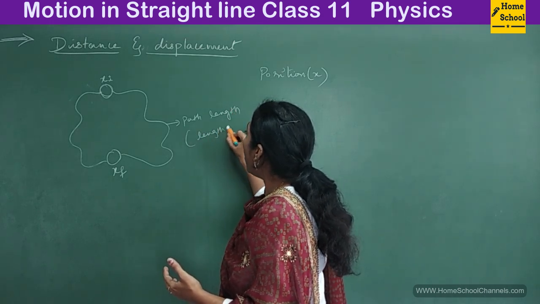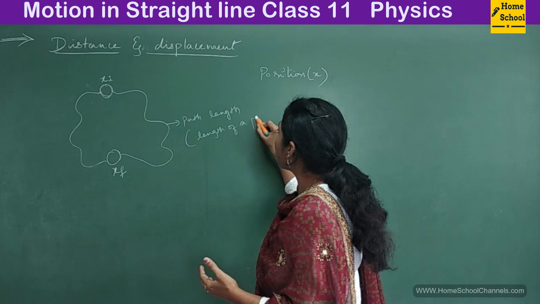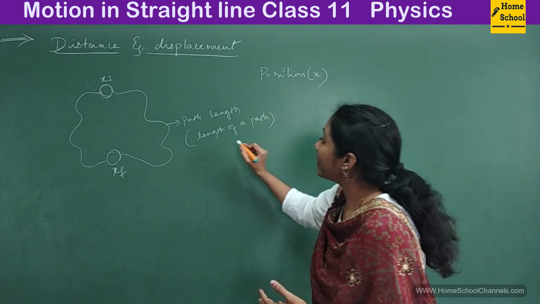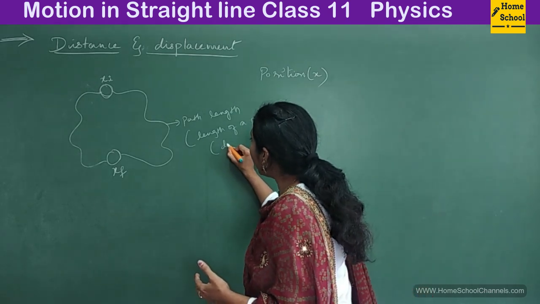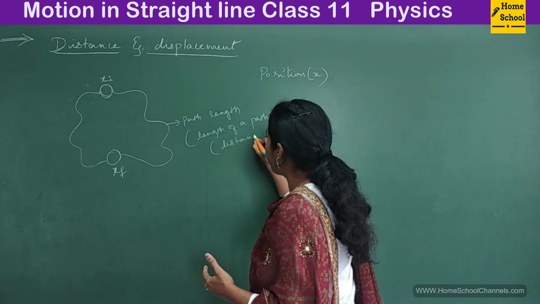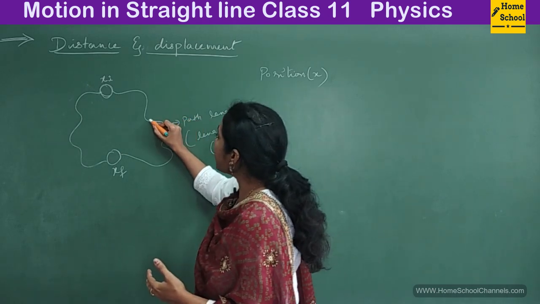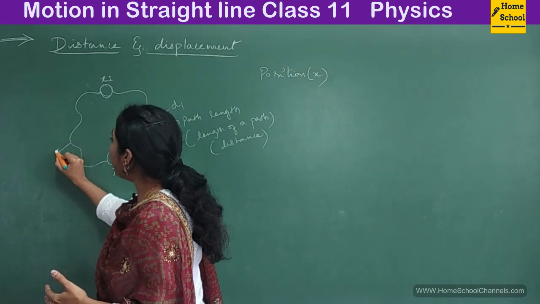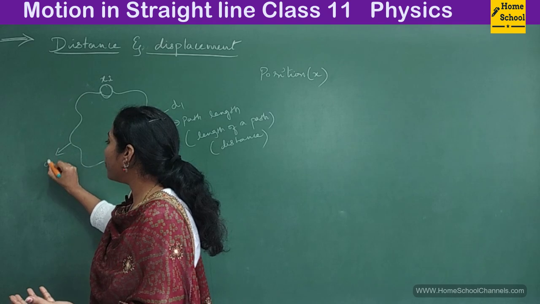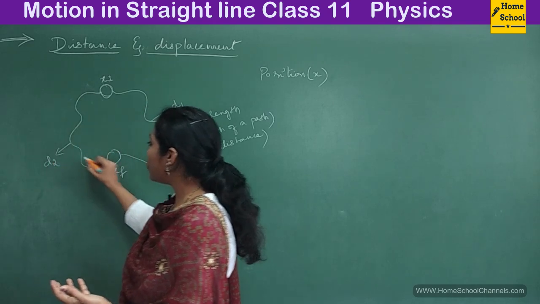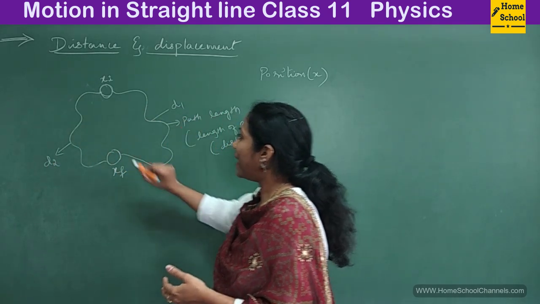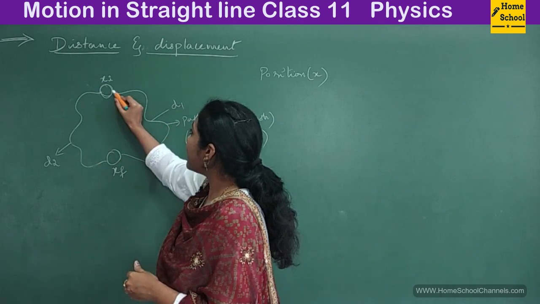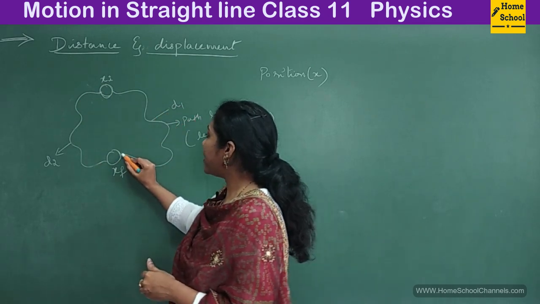Length of a path is called path length, which we can call distance. This is the path length or distance 1, and this is the other path length, which is also a distance 2. This is the first path and this is the second path, and this much is the length of the first path.